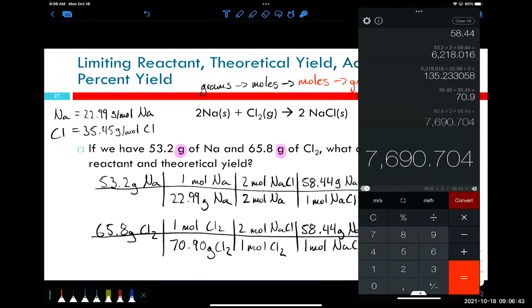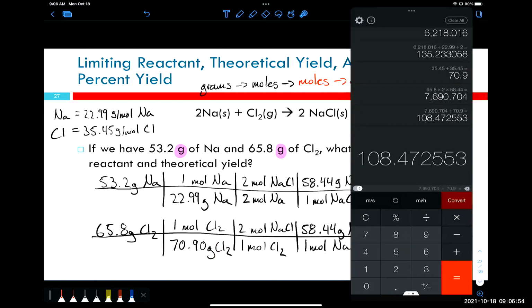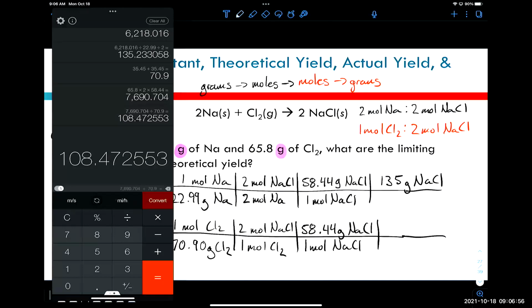And then we'll divide by 70.9. And then these other 2 are just 1s, so we don't need to divide by those. So we'll divide by 70.9 to get 108 grams of sodium chloride.